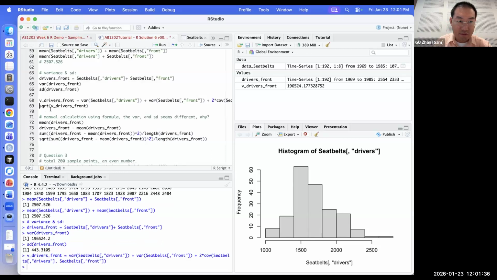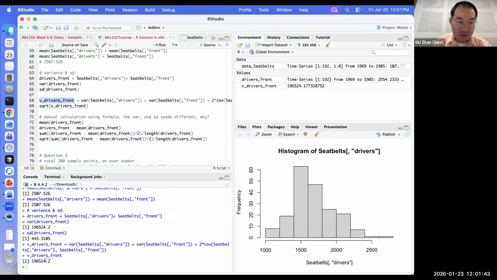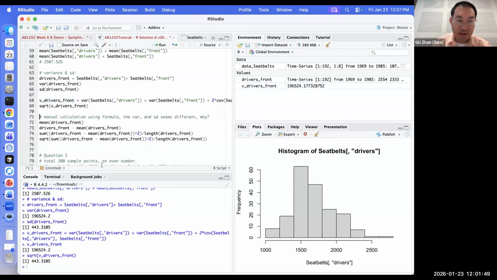It gives you the variance 196,524. They give you the same one, and if you take the square root, you also get the same one.